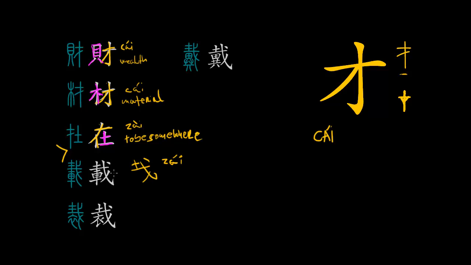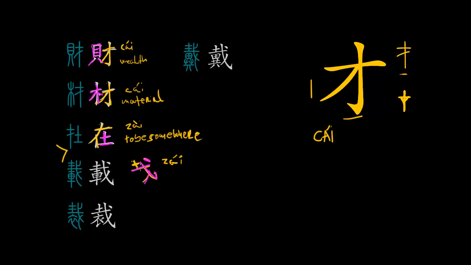It means that because this plus sign over here is a reduced cai, and the remaining part is pronounced ge, and it is a lance, a type of weapon, a sharp sword or something like that. So zai gives the sound, and ge gives the meaning, and the whole thing together means to cut something.